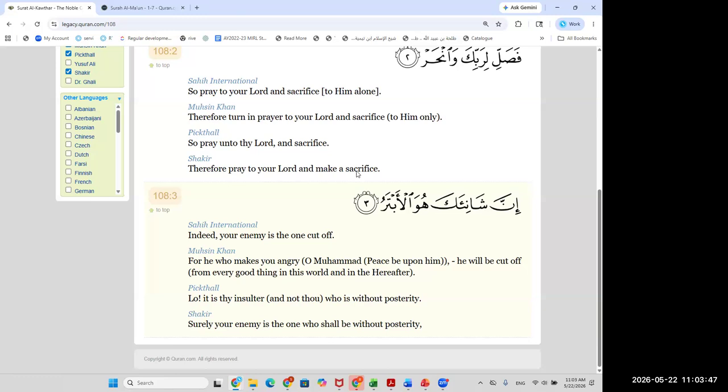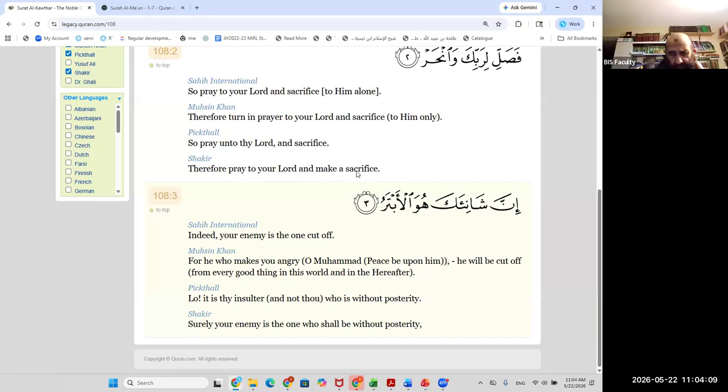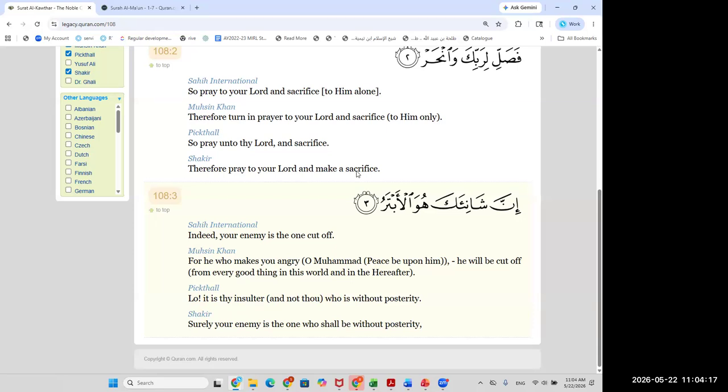Basically, the order of the i'rab is: what kind of sentence is it? In the case where it starts with inna or laysa or any of those, you have to follow the i'rab of that rule, regardless of whether it is jumla ismiya or jumla fi'liya. Inna has its own rules.